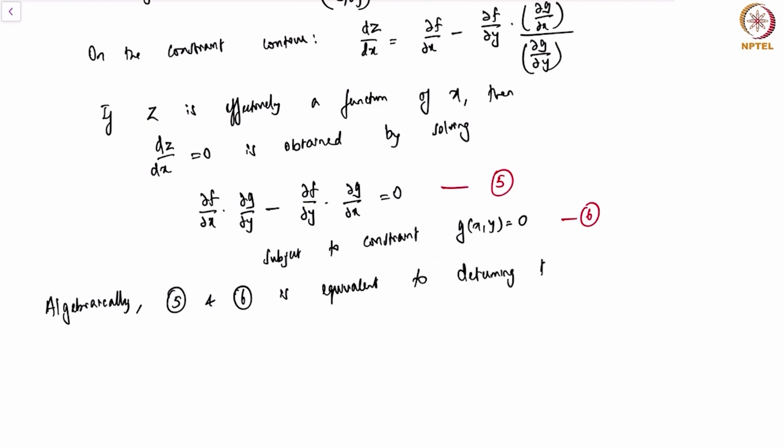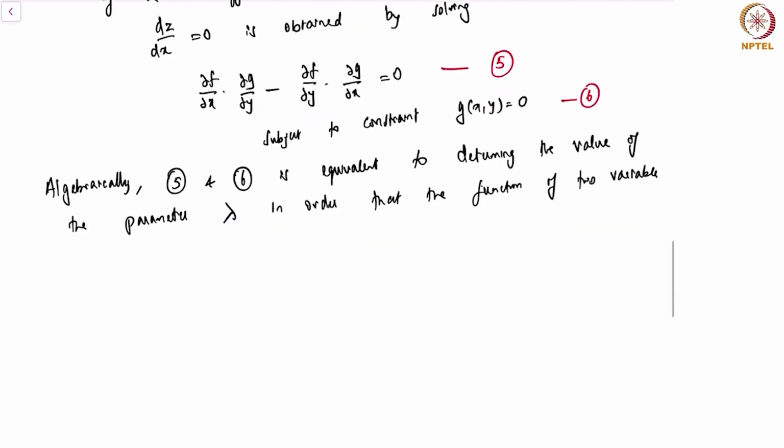determining the value of a new parameter lambda in order that the function of two variables, we will introduce a new function, an auxiliary function w, so we have introduced a new auxiliary function.